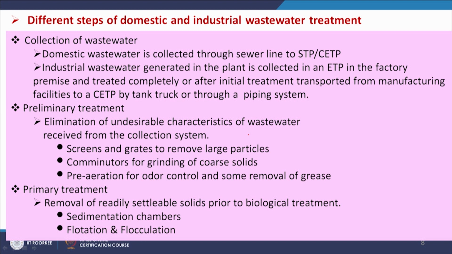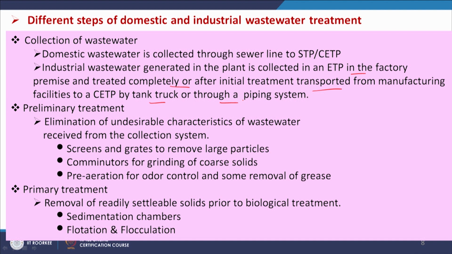Industrial wastewater generated in a plant is collected in the ETP in the factory premises and treated completely, or after initial treatment it is transported from manufacturing facilities to a CETP by tank truck or through a piping system, depending upon the volume of wastewater generated in the individual industry.